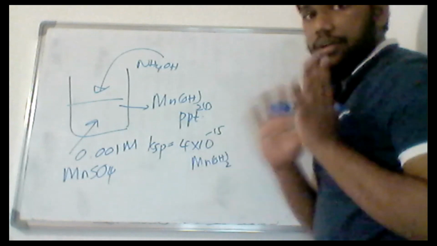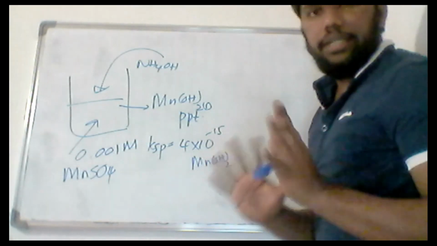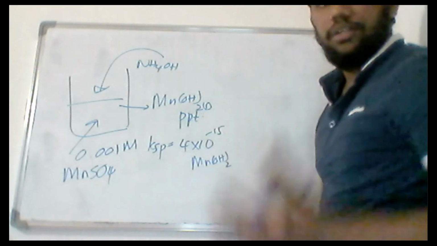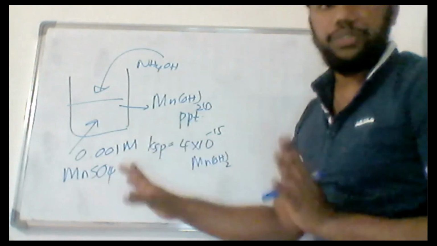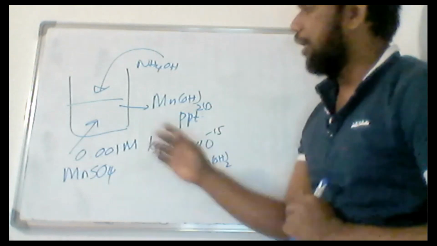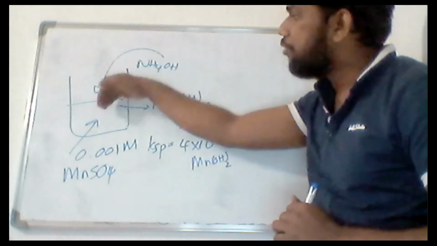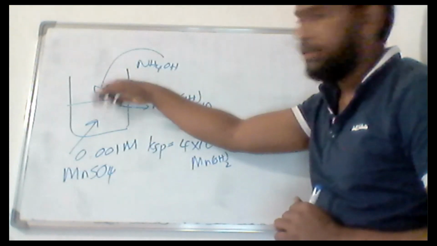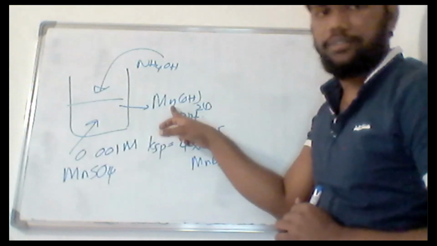Now try to understand this clearly. You have a MnSO4 solution, and the concentration is given. That is one part. The other thing is you have to add NH4OH to this solution to form this precipitate.